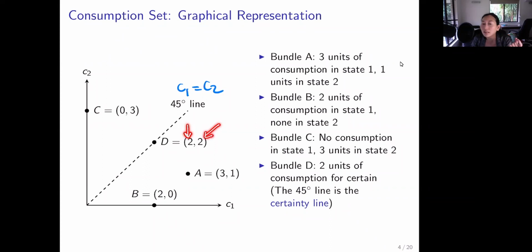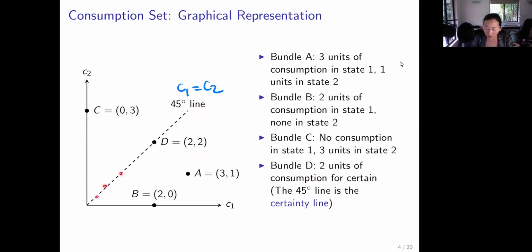That means it doesn't matter whether state 1 or state 2 occurs, I end up with the same wealth, the same level of consumption. That's why it's also called a certainty line. It's certain in the way that you know what your wealth is going to be. You know for sure that it doesn't matter if it rains or doesn't rain, you will end up with the same value of wealth.